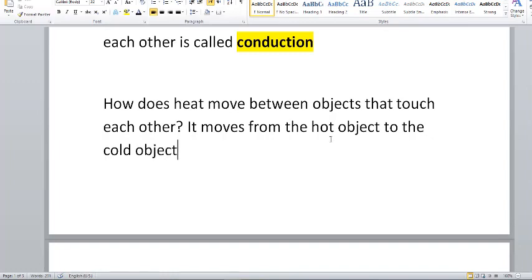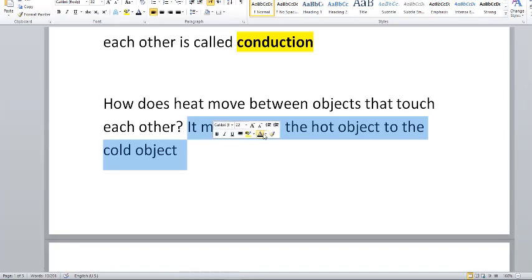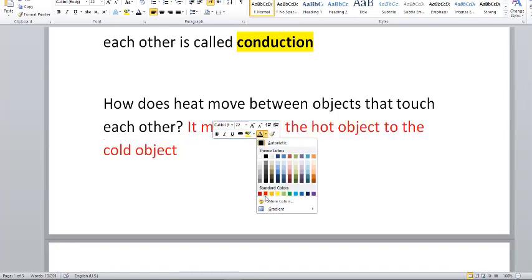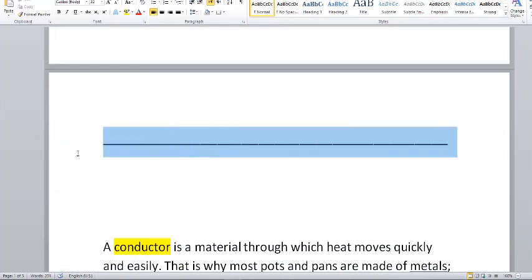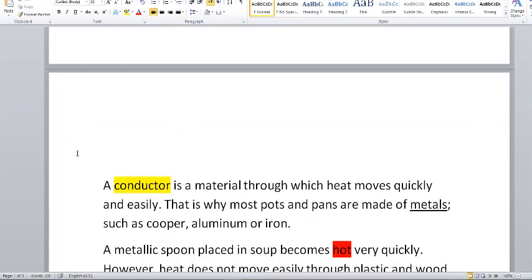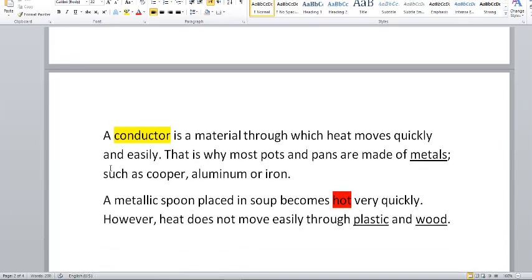That's how it moves. The heat moves from the hot object to the cold object. This way it moves from the hot object to the cold object. That's the answer to the question.